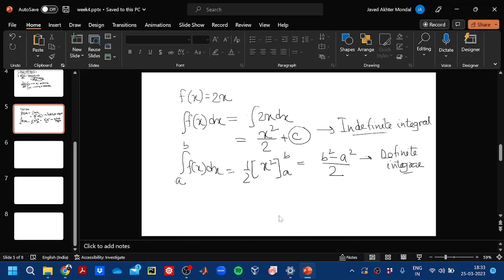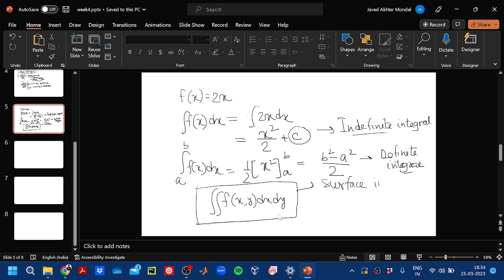That means we can also evaluate this kind of integrals. Suppose we have a function of two independent variables, so this type of integral can also be done with the help of Mathematica. This type of integral is basically called a surface integral, and this type of integral is a line integral.